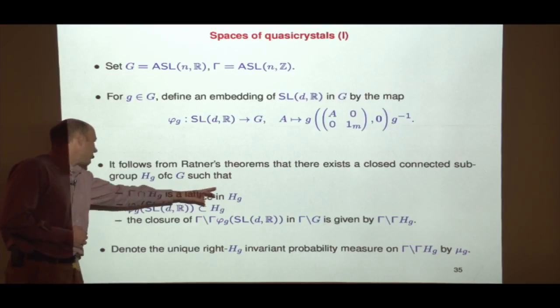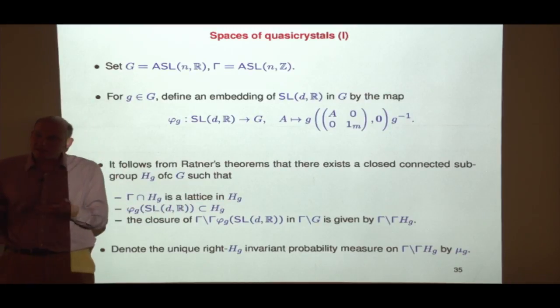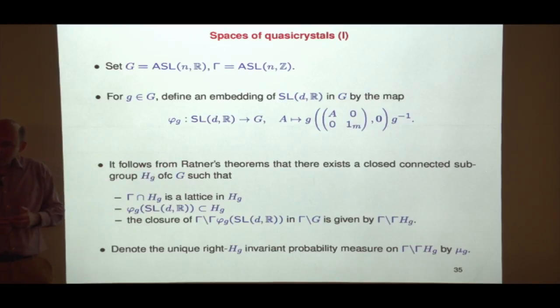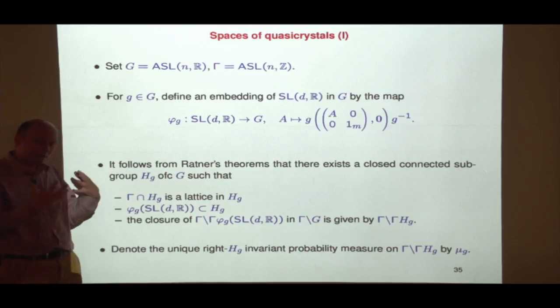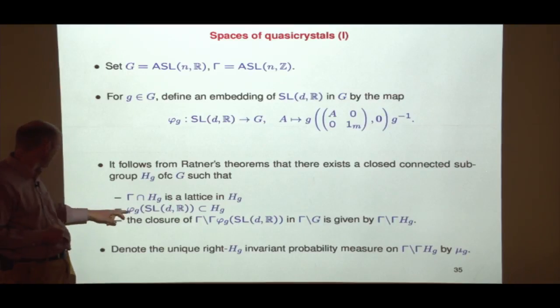And this has the consequence that H_g modulo this lattice is again a nice homogeneous space, which is embedded in our big space, ASL(n,R) modulo ASL(n,Z). So it looks like some embedded submanifold in this space. And this embedded space will become important because that will carry our probability measure that we use to understand the distribution of the free path lengths.